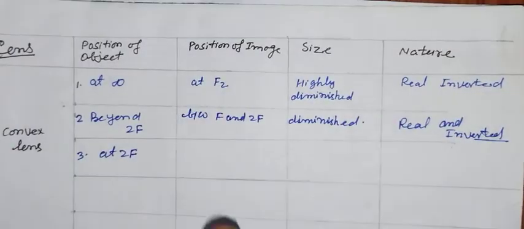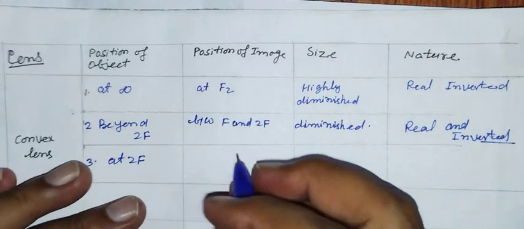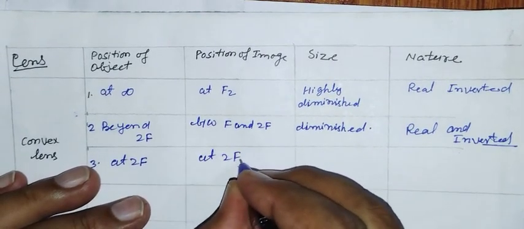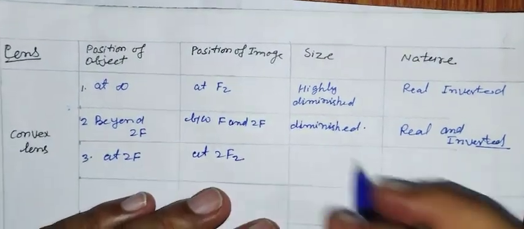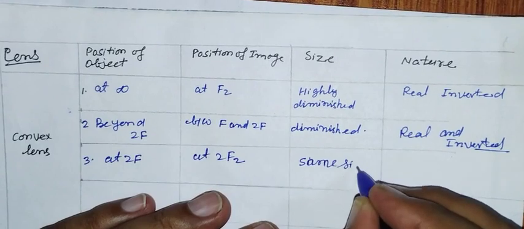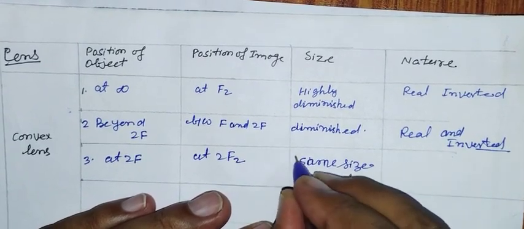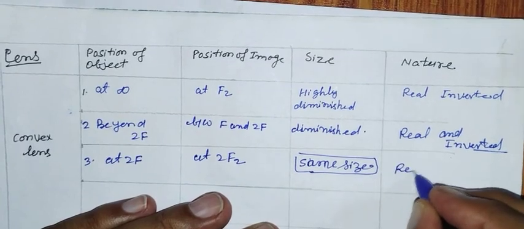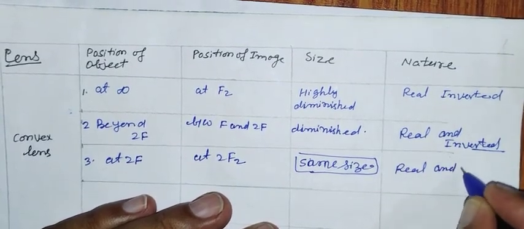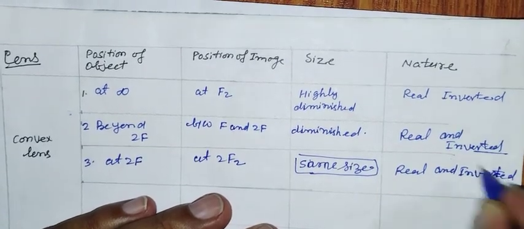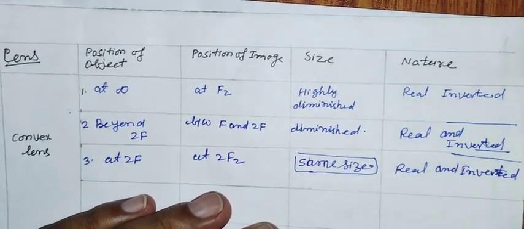So we may write at 2F, the position is at 2F2 on the other side, same size. It can also be taken as neither diminished nor magnified, real and inverted image.